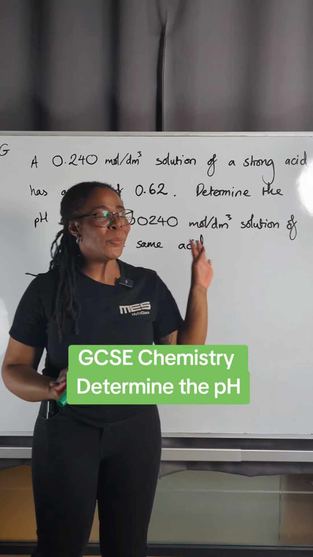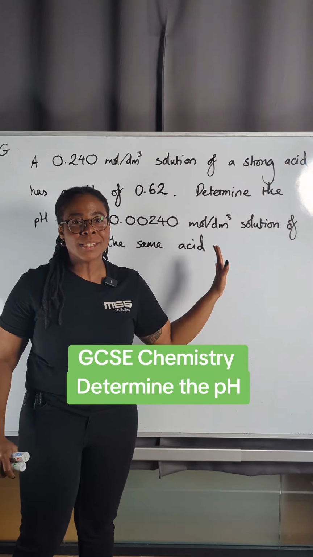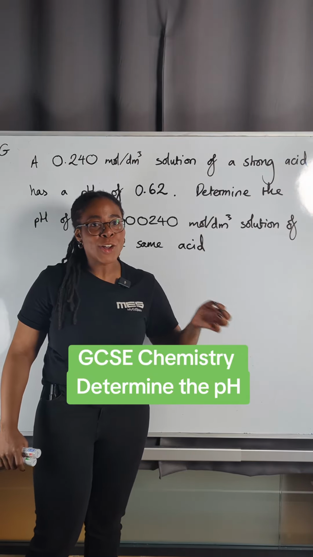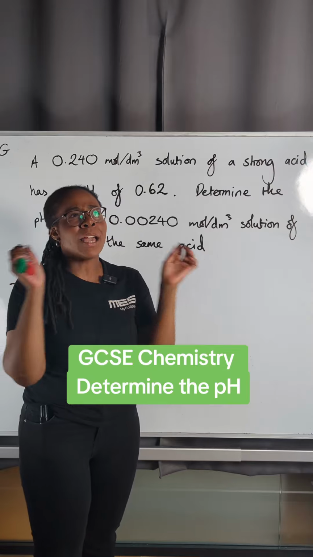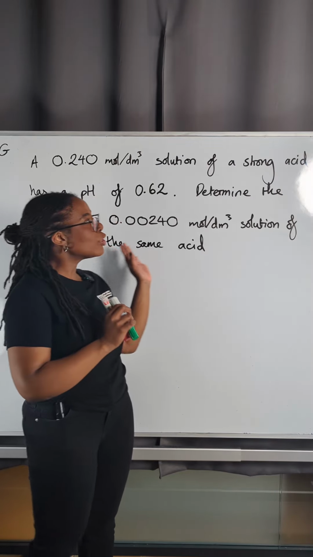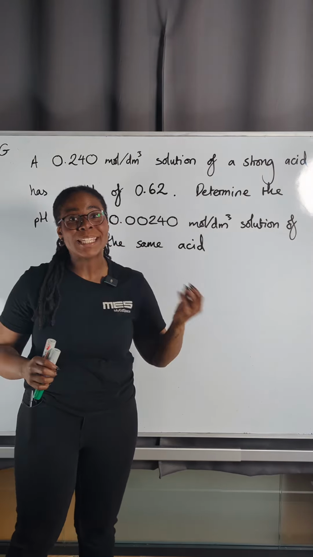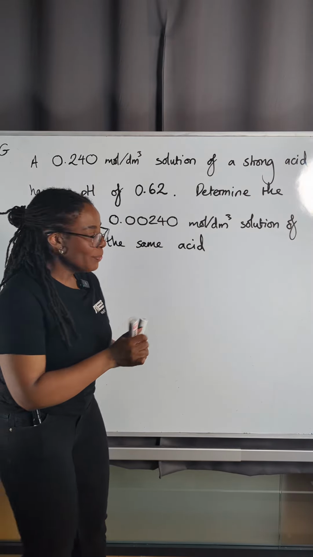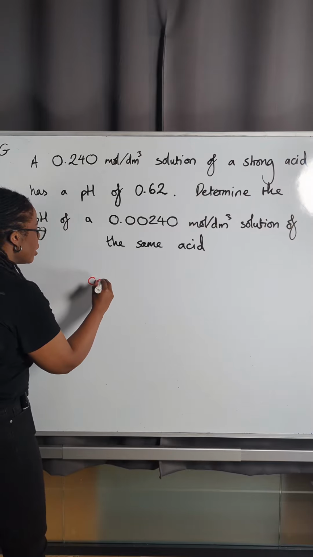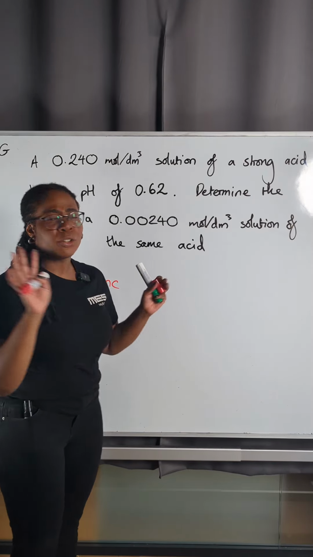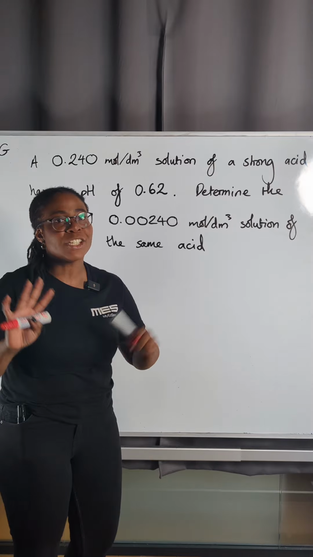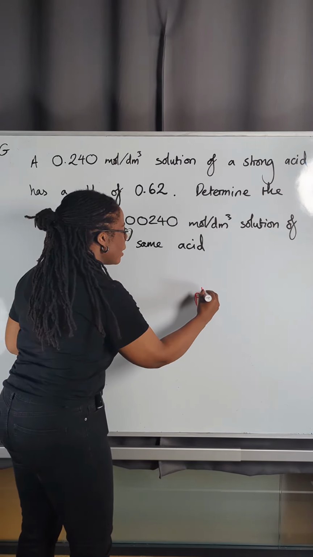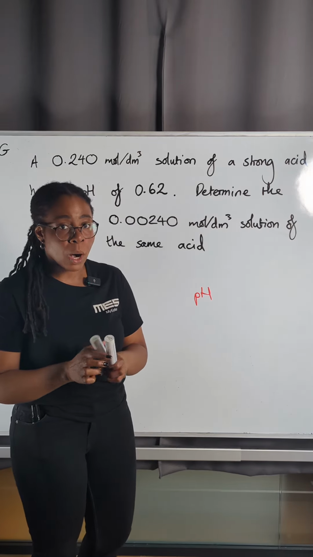GCSE chemists, we can complete this calculation question without a calculator as long as we understand the relationship between the concentration of an acid and the pH of an acid. And that is essentially, as the concentration of the acid changes by a factor of 10, the pH is going to increase or decrease by 1.